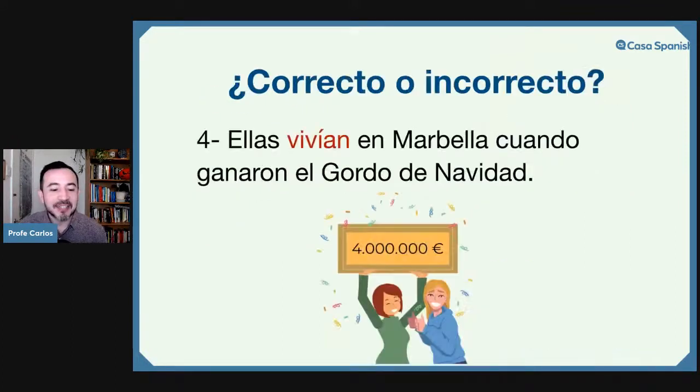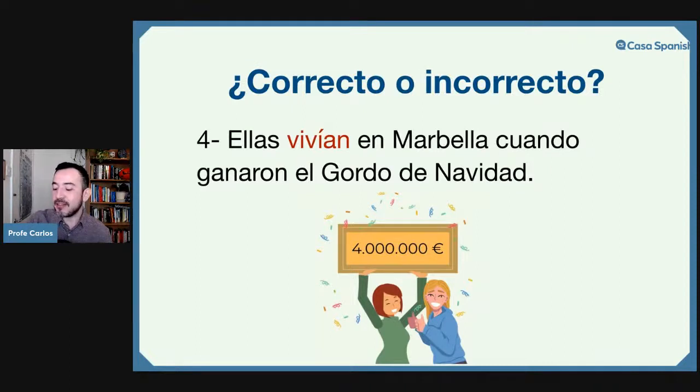Muy bien, seguimos. ¿Correcto o incorrecto? Ellas vivían en Marbella cuando ganaron el Gordo de Navidad.